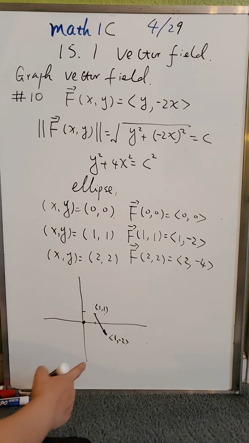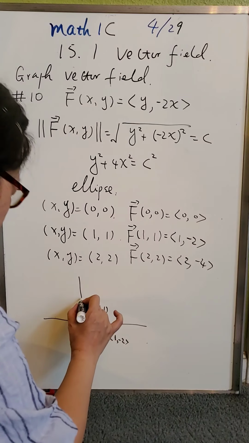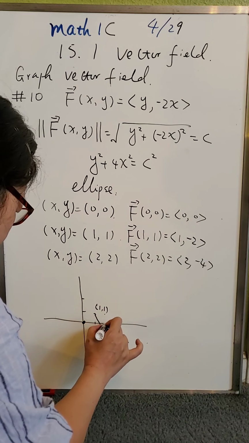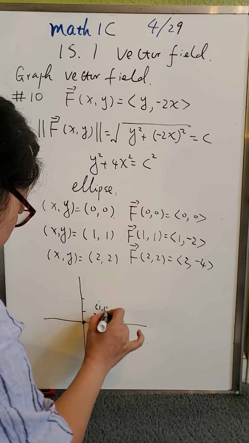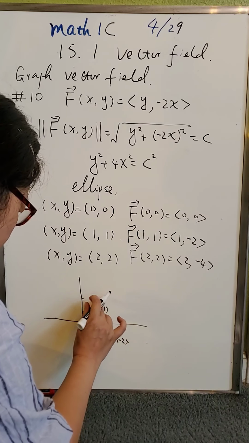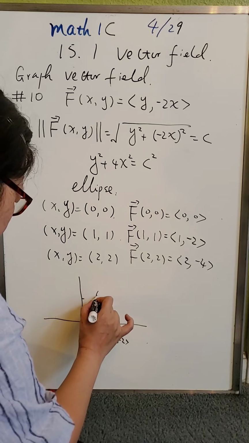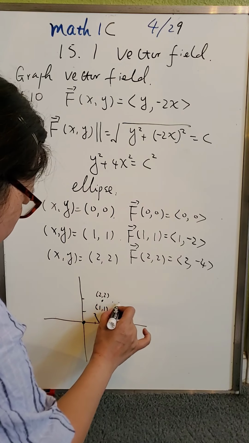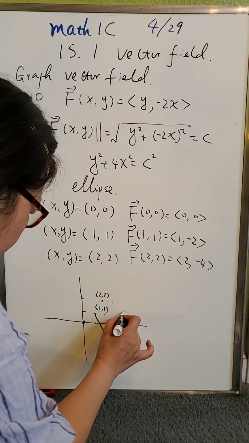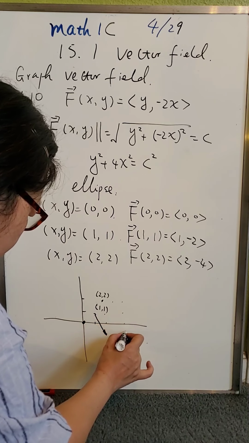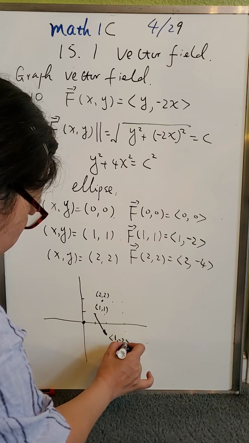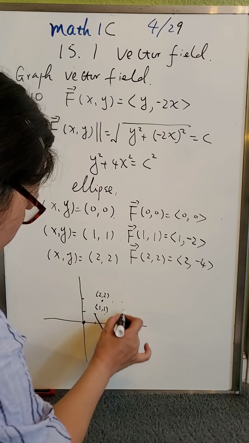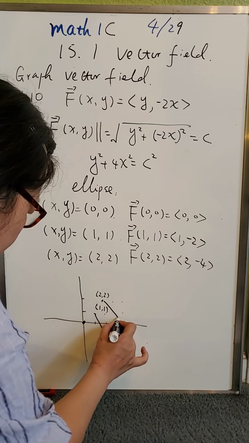Okay, so that's for the first one. The second one, 2 and 2. Okay, this is 2 and 2. And then I go to x equal 2, y equal to negative 4. So 1, 2, 3, 4. So it will be like this.